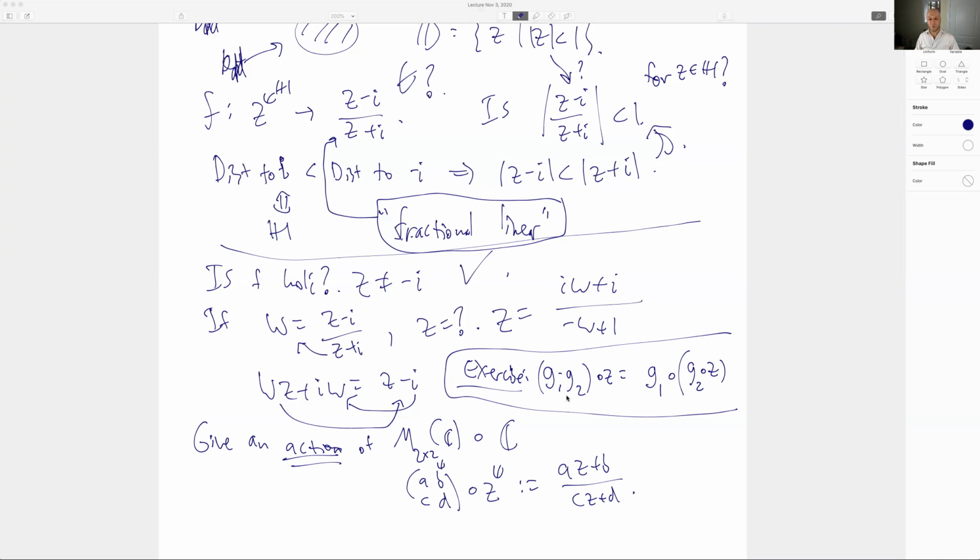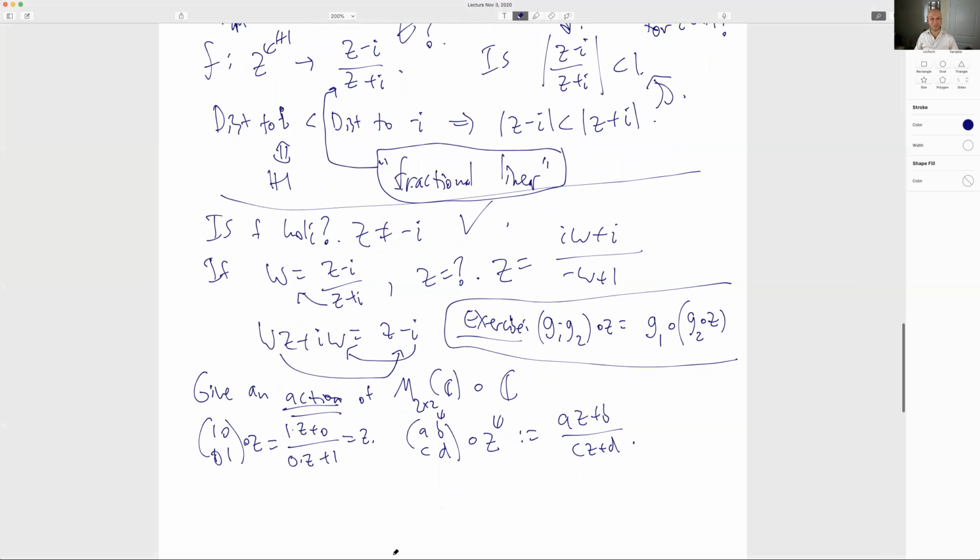Okay, and what that means, now what about the identity matrix? What does the identity matrix do? This is 1 times Z plus 0 divided by 0 times Z plus 1. That's very good. The identity matrix acts as an identity. And so let's see the consequences of this.